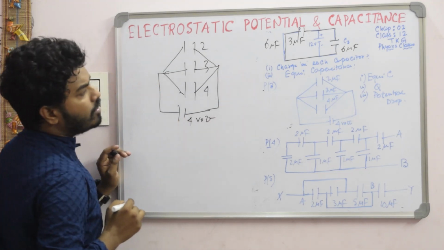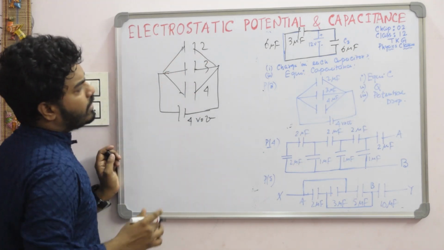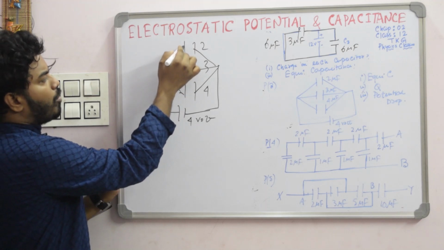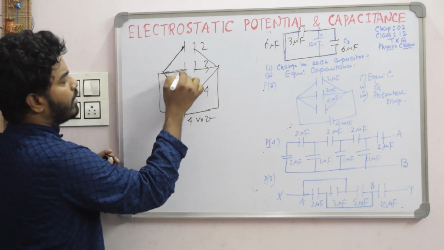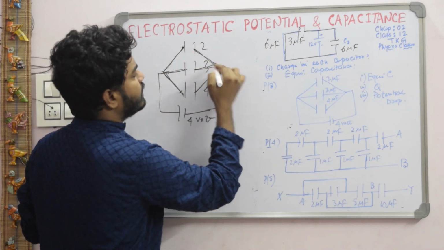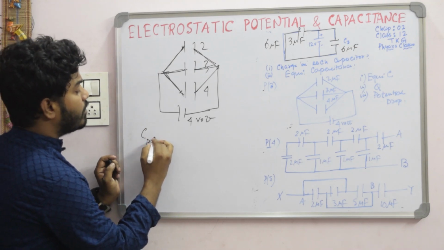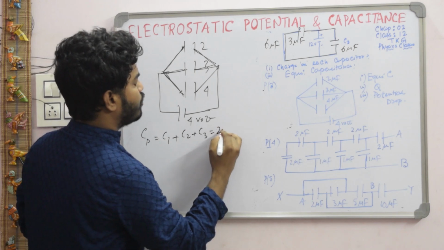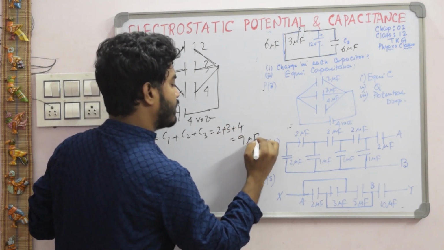Now you have to find the equivalent capacitance. So what will be the equivalent capacitance? 2, 3 and 4 are connected at common terminals. One plate of all capacitors is connected to a common point, and the other plate of all capacitors is connected to one common point. So they are connected in parallel combination. So the equivalent capacitance will be C1 plus C2 plus C3, that is 2 plus 3 plus 4, answer 9 microfarad.